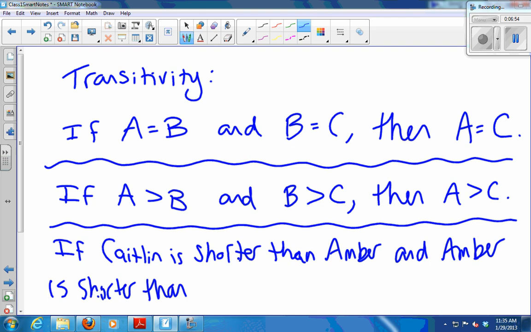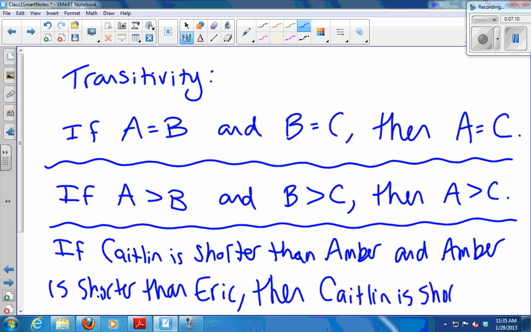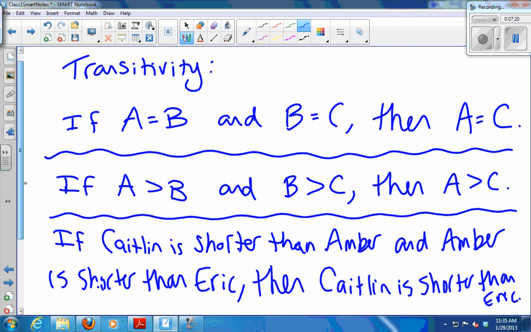You're probably taller. What's your name? I'm Eric. Eric. Then what can we conclude? Caitlin is shorter than Eric. So those are three examples of relationships that exhibit transitivity.